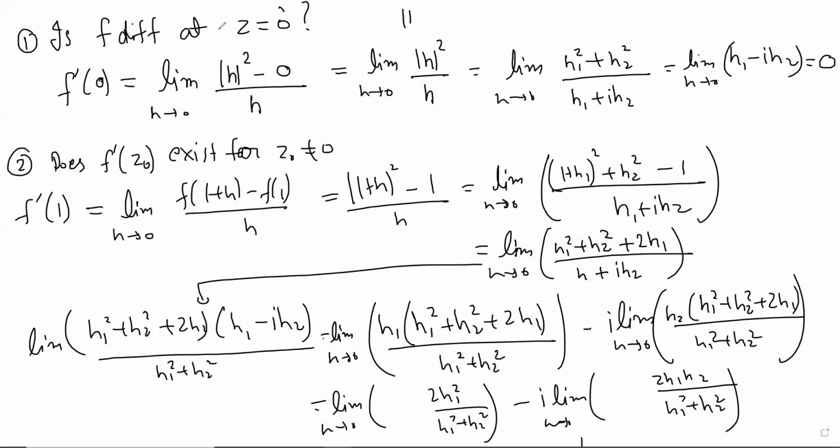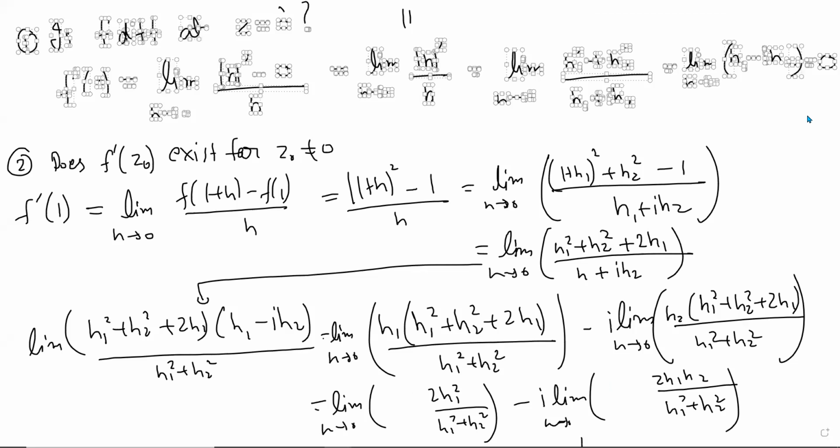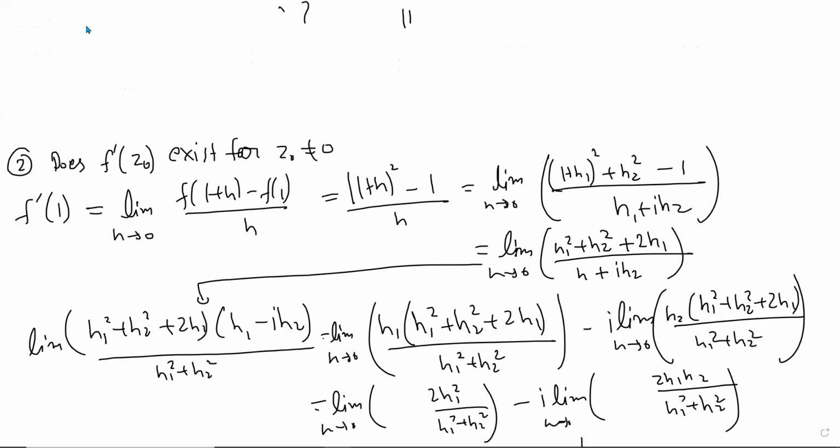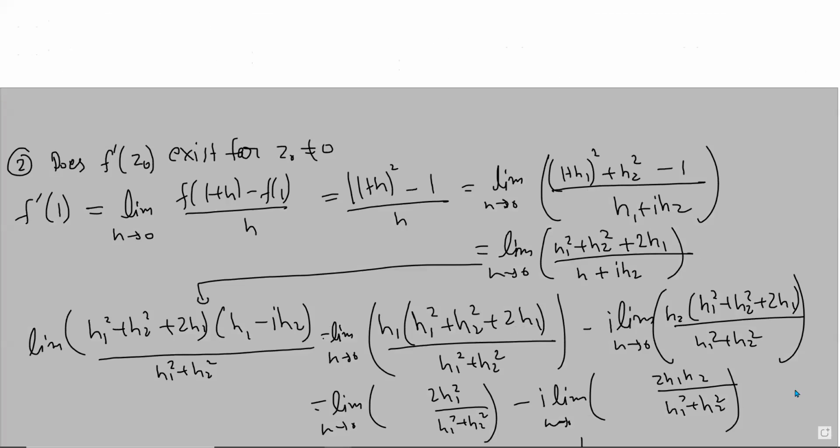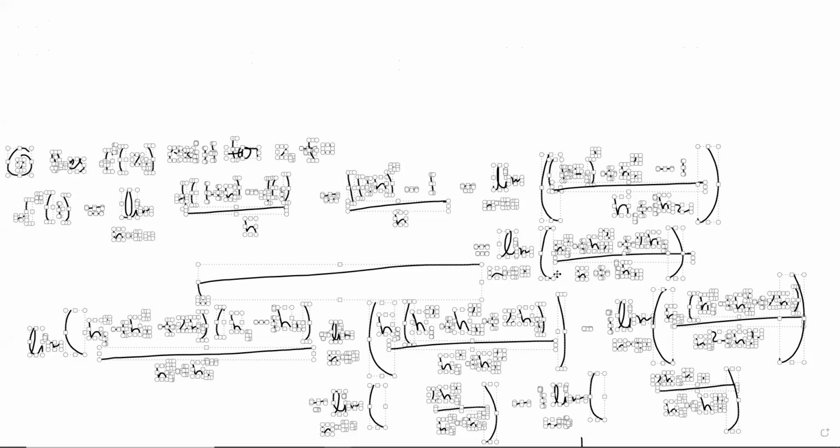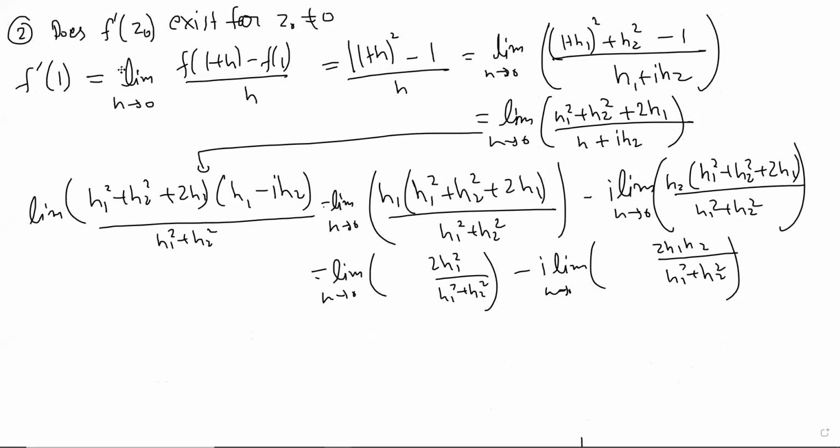Which one? Is it 1? Why do you think it's 1? No, h1 is not equal to h2. That is the point. h1 could approach 0 much faster than h2 approaches 0.